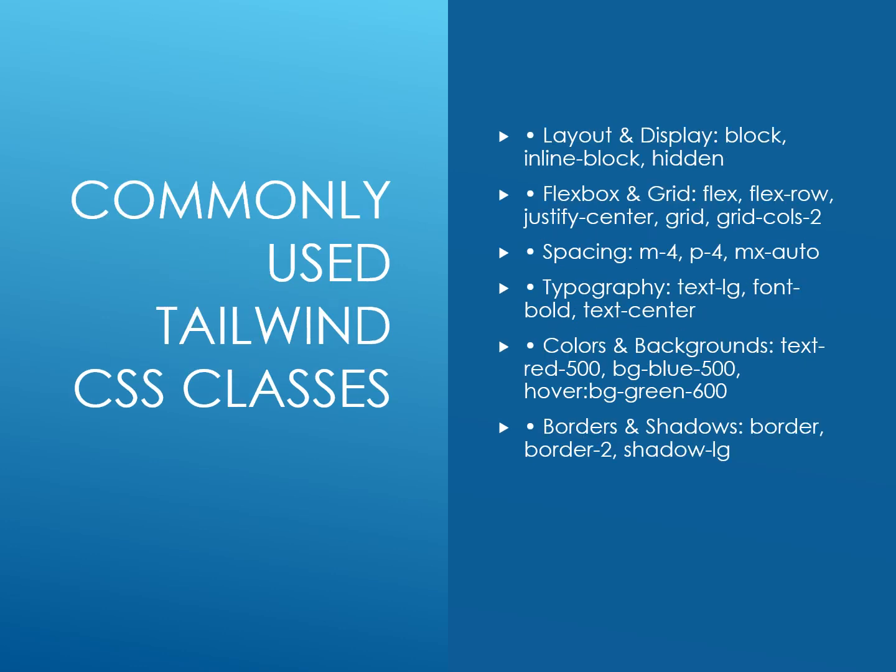Commonly used Tailwind CSS classes. Layout and display: block, inline-block and hidden. Basically block elements are those that have a separate block and each time are created on the next line. But in inline-block the elements are aligned in the same line.